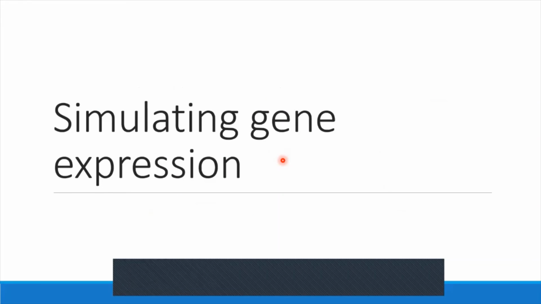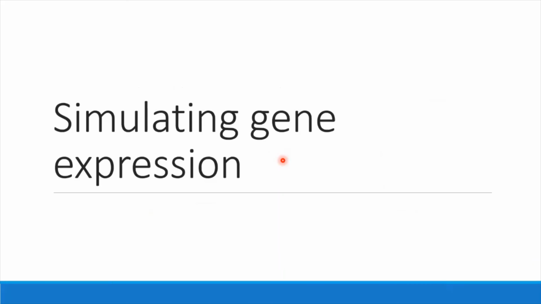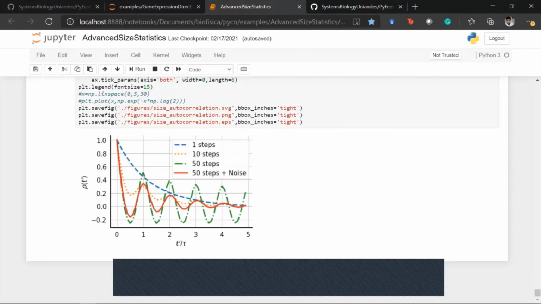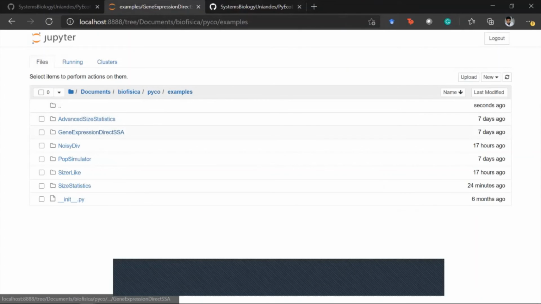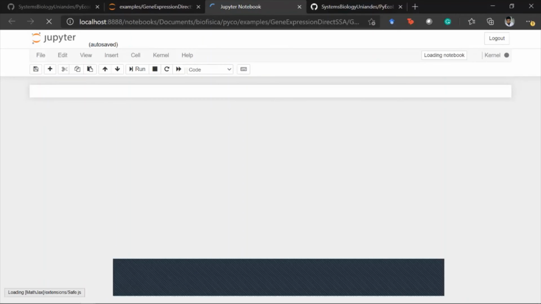Finally, we present an example about how to simulate gene expression using PyEcoLib. You can find the folder in examples as well, and the folder is called Gene Expression Direct SSA. SSA comes from stochastic simulation algorithm. You can open the notebook.